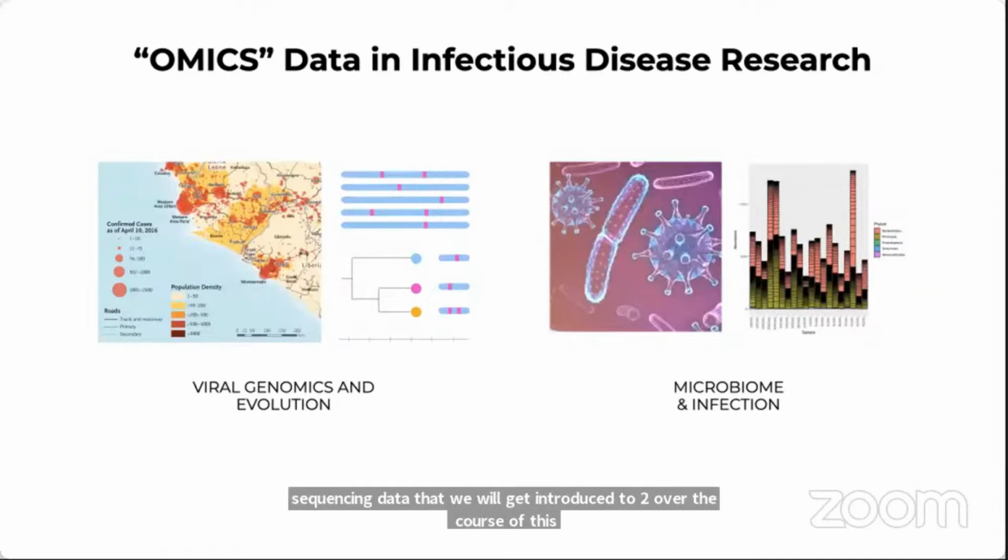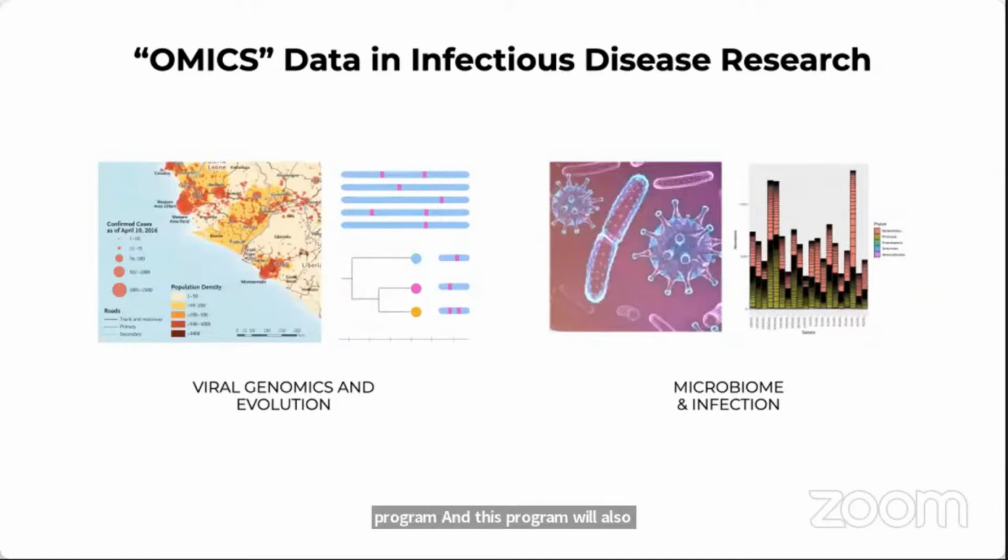And this program will also introduce you to several examples of how this connection between this omics data and the explanation or the reason behind the diseases and their responses to several treatment options was made successfully by researchers studying, for example, viral infections like the Ebola virus outbreak in West Africa.